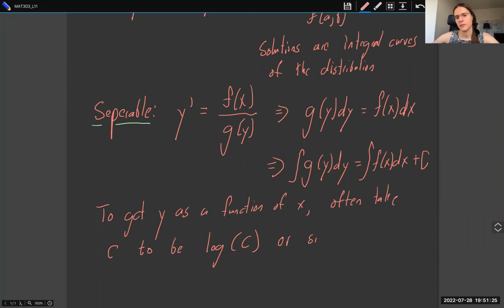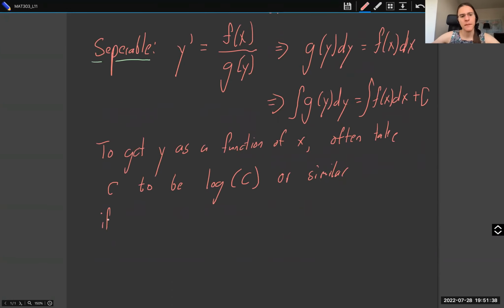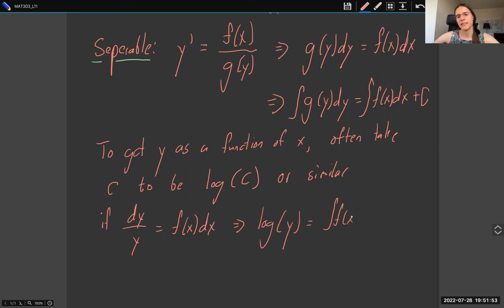Because, for example, if you have dy over y, then you're going to get log y, and then your c should be plus c. So if dy over y is equal to f of x dx, then you're going to say that log of y is equal to the integral of f of x dx plus log c.